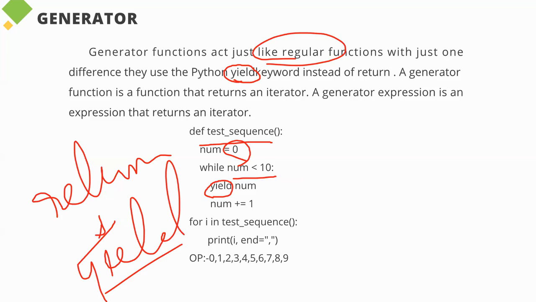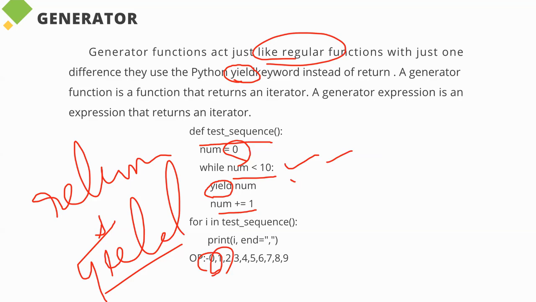So yield num returns the value of num, 0. Then num plus 1, num is increased. 0 plus 1 is 1, 1 less than 10 is true, so again yield num, 1 is printed. Again, num is incremented, and next num will become 2. 2 less than 10 is true, so yield num, 2.